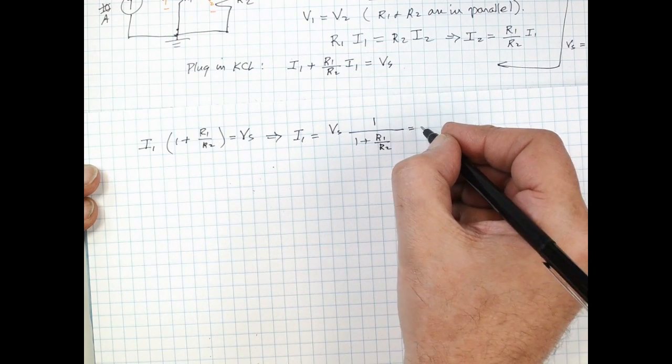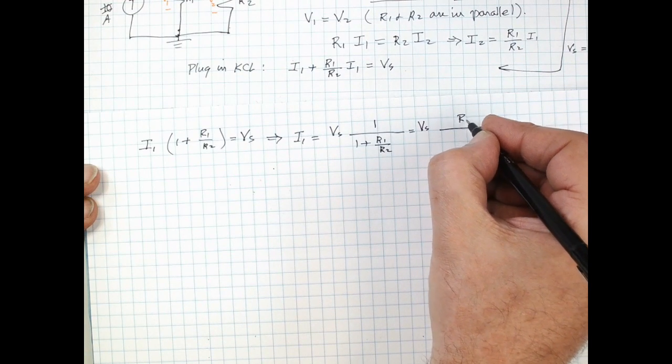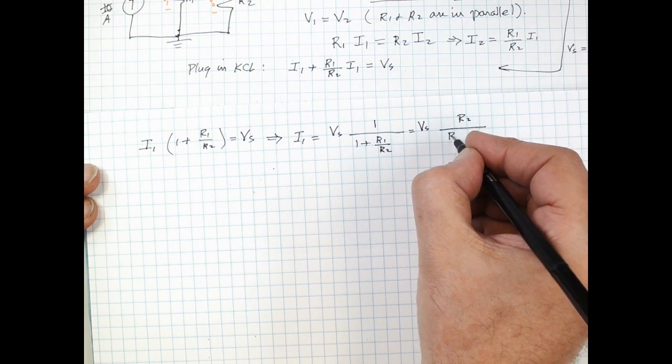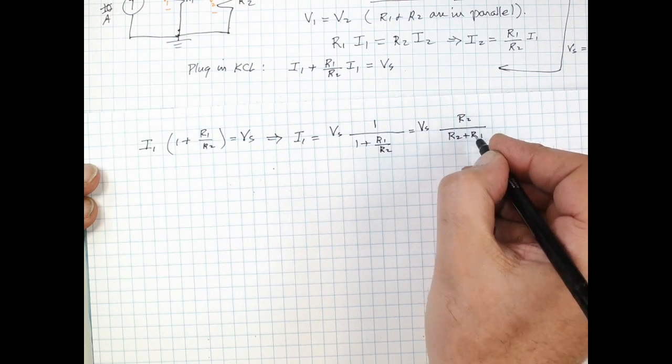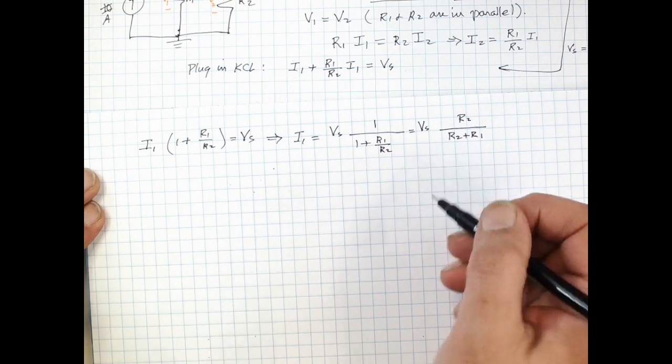So let's simplify this. So Vs, that's going to be R2, and that's going to be R2 plus R1. So that's I1 here.